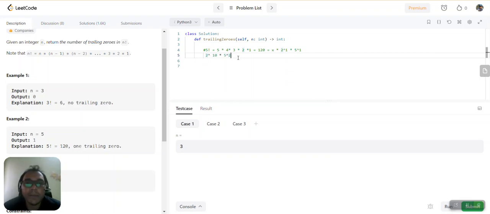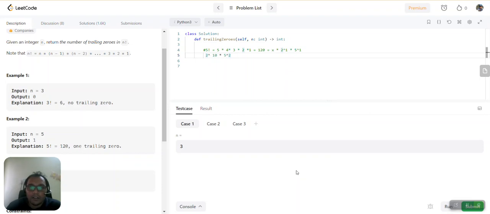So ultimately, we need to check how many 5's we can get from the given number's factorial. The power of 5 will give us the exact number of zeros. So we need to find how many 5's we can get till the given number, and that would be our answer for the trailing zeros.